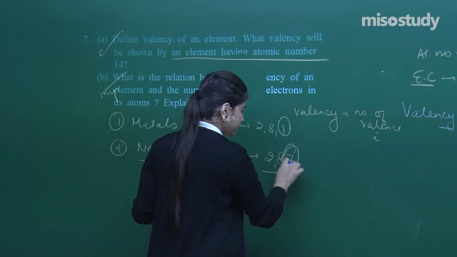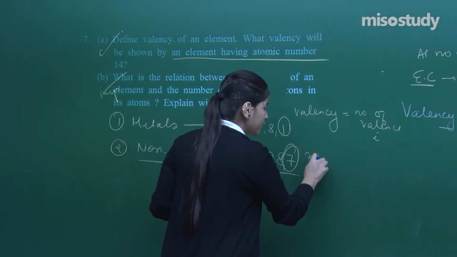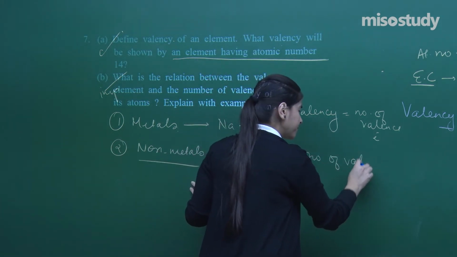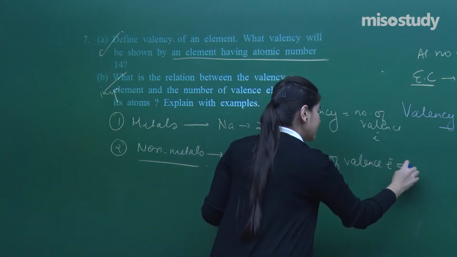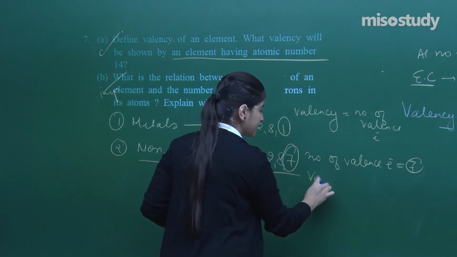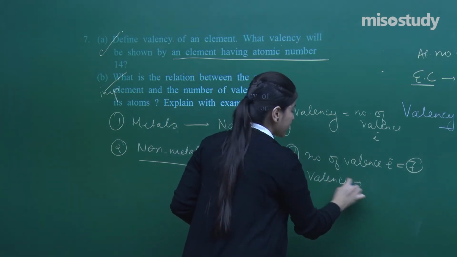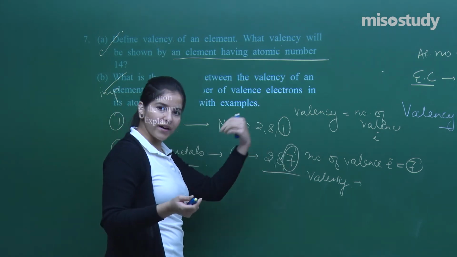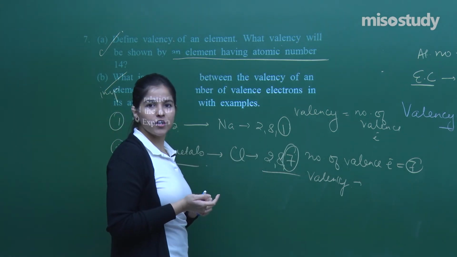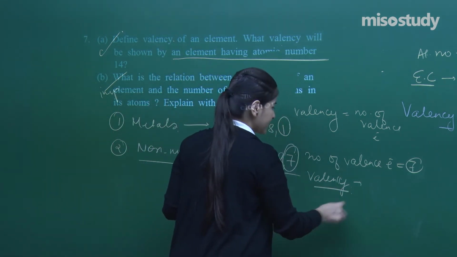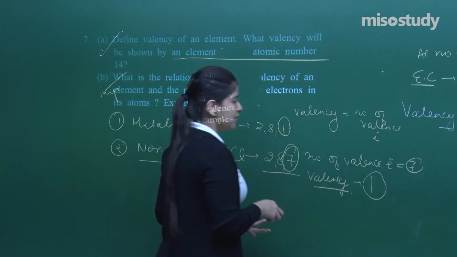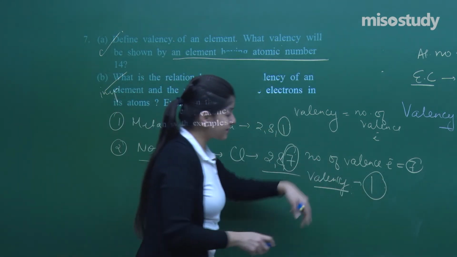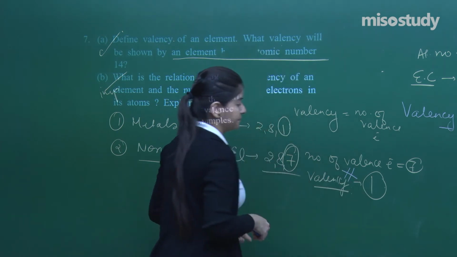That means the number of valence electrons is 7, whereas valency is the combining capacity. So it is going to take 1 electron just in order to complete the octet, and that is why the valency is just 1. So here these are unequal.